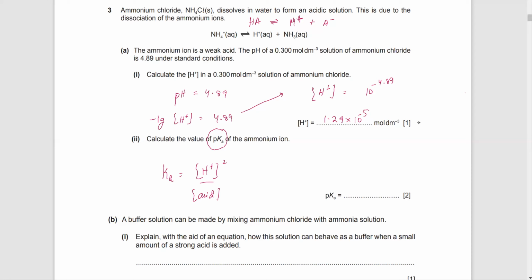So you have H plus 1, it's 1.29 times 10 to the power minus 5, and that's obviously squared, divided by the acid concentration. What is the acid concentration? They've given you 0.3 mole per dm cube of ammonium. That's provided.